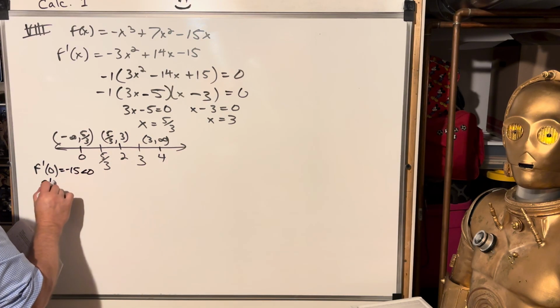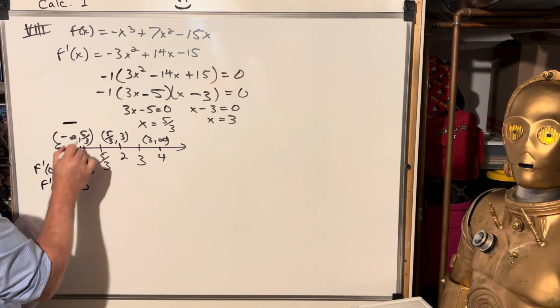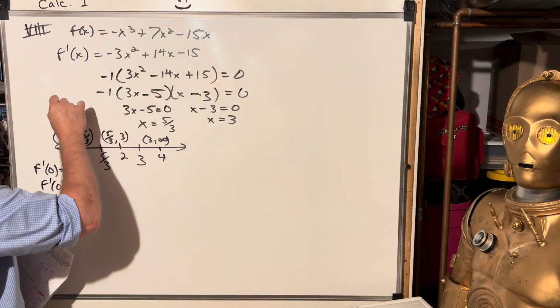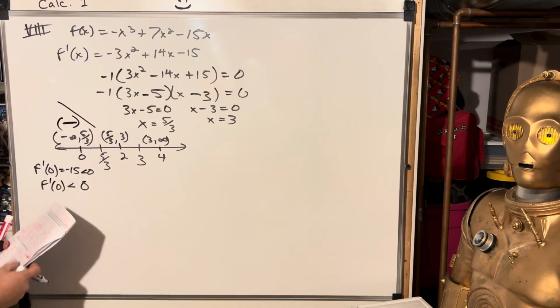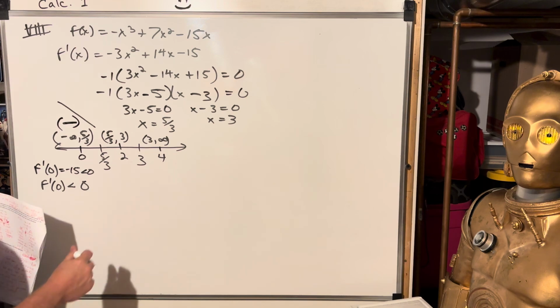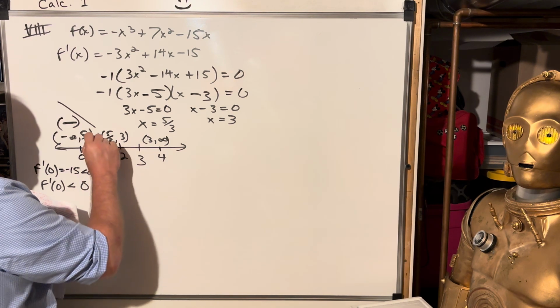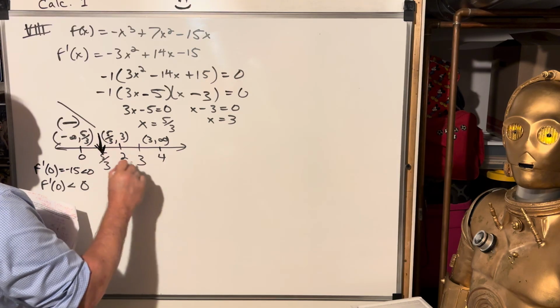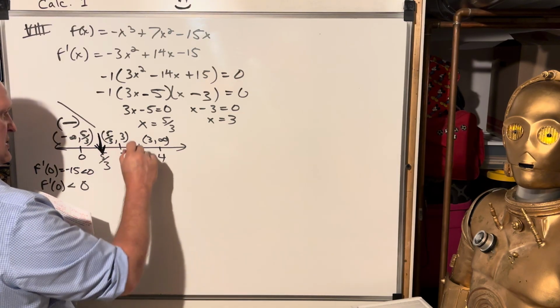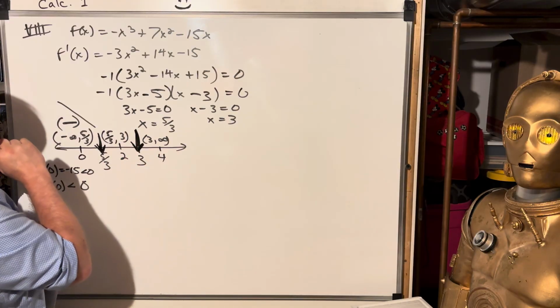So f prime of 0 is less than 0, which means that's negative, which means I know it's decreasing. All right, so 0 is different, but for the next one, for 2, you should mark those with arrows.